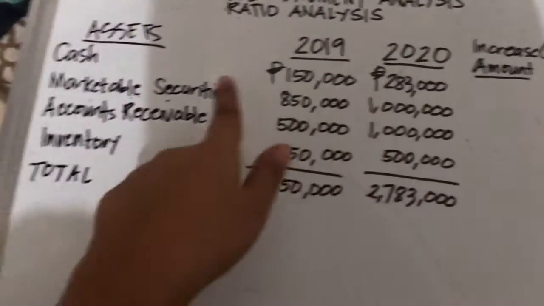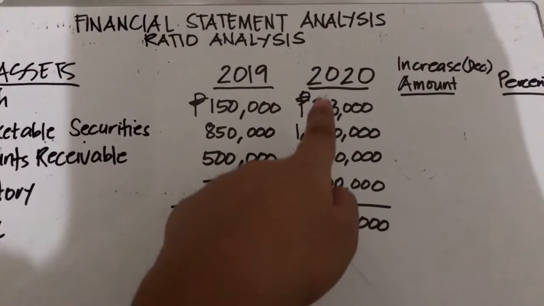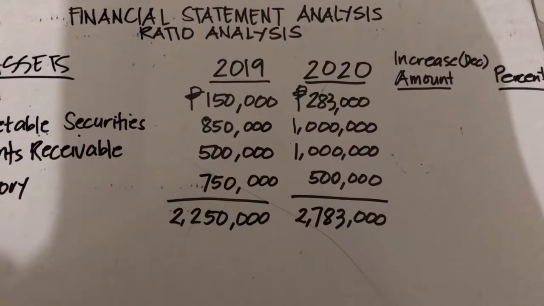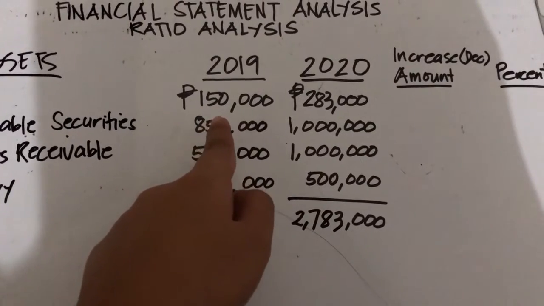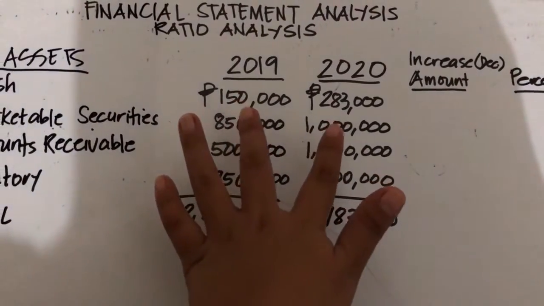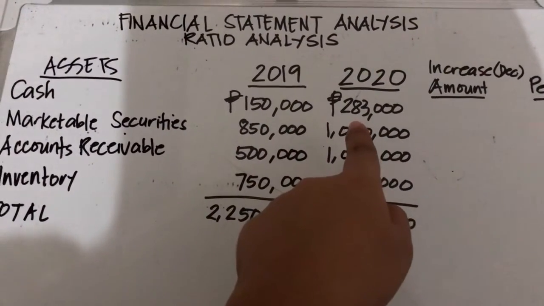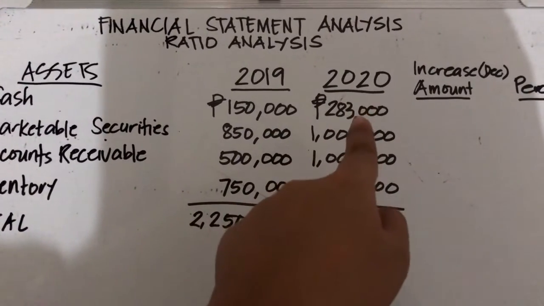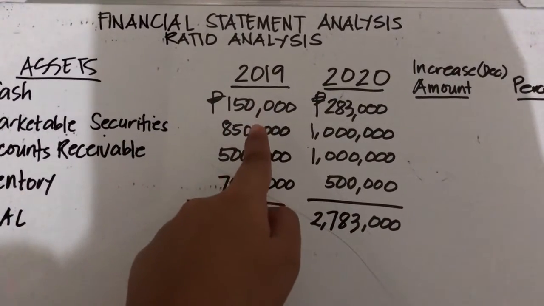So, here, for example, yung cash natin, nung 2020, meron siyang 283,000 na cash. While nung 2019, yung company, for example, ay merong 150,000 cash. So, dito pa lang actually, pag titignan mo, makukompare mo na agad. Nag-increase yung amount ng cash nung 2020, nung current year, compared with the previous year.